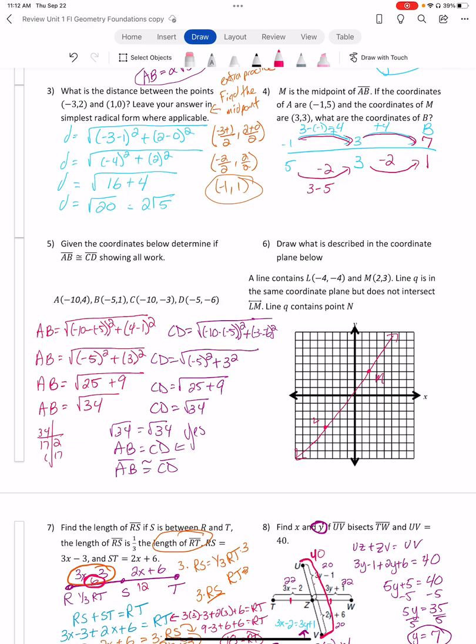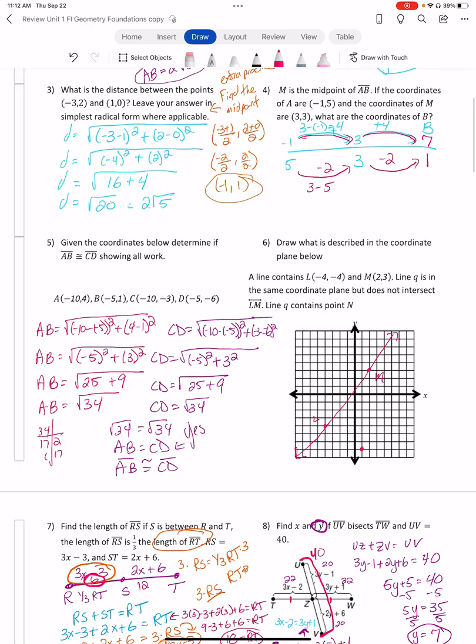So Q could pretty much be anywhere. But what we know about line Q is it's going to be parallel. Okay, and we'll talk more about that.